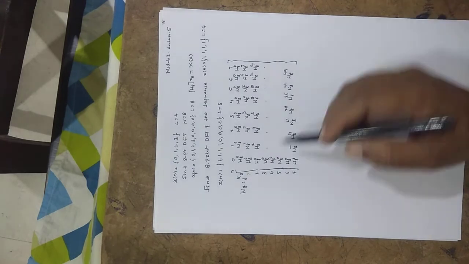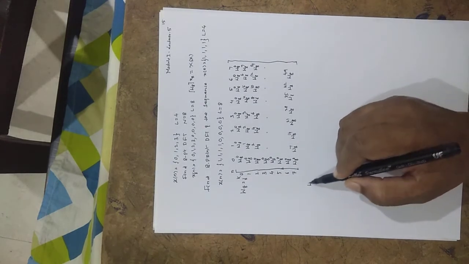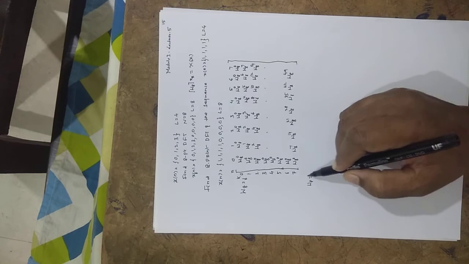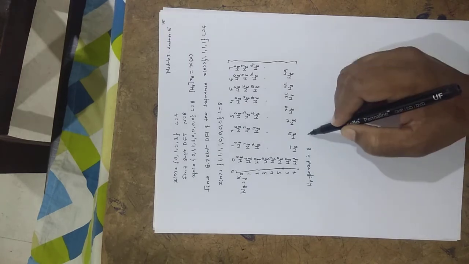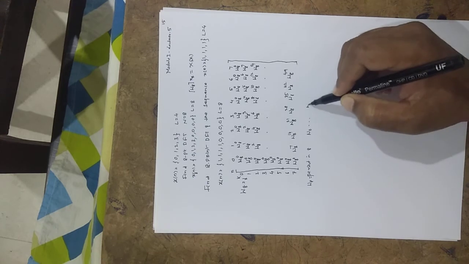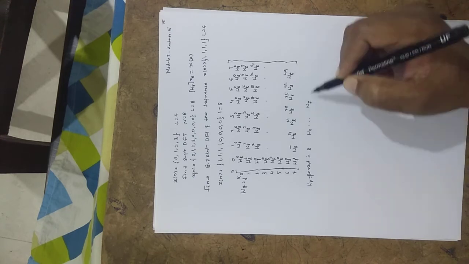The period of this W8 is 8. That is, W0 to W7 have the different values.